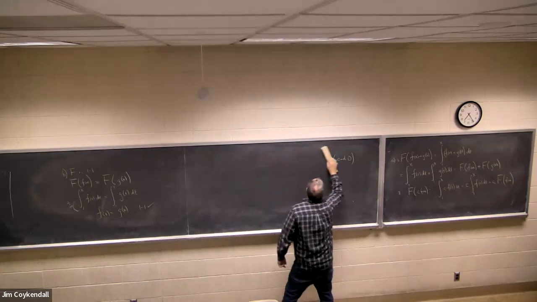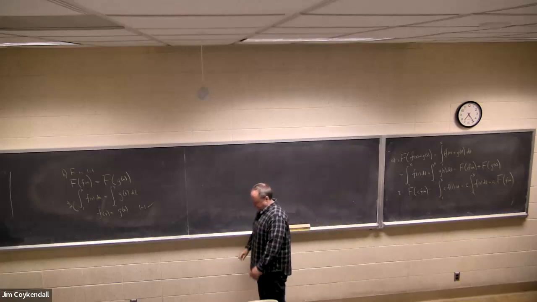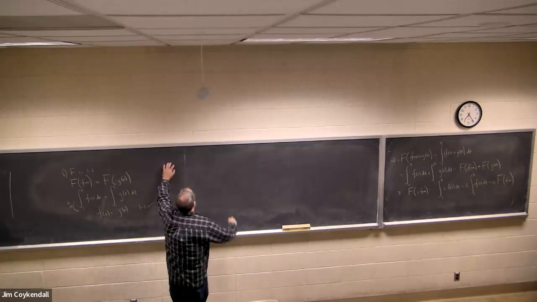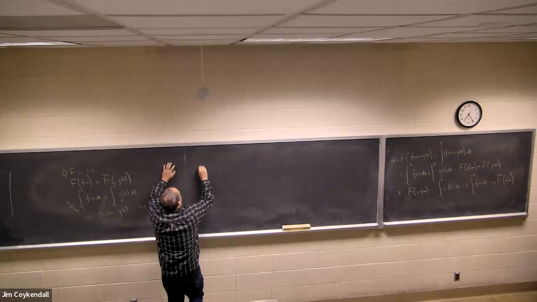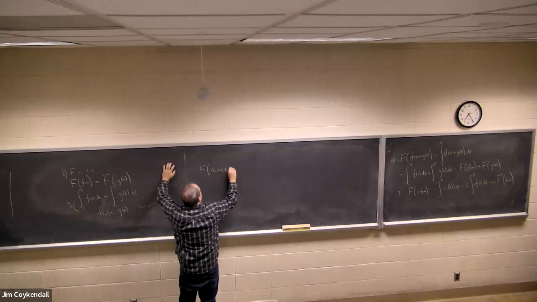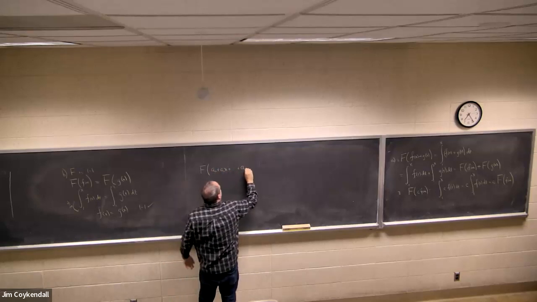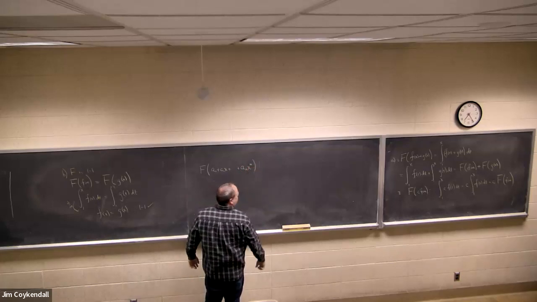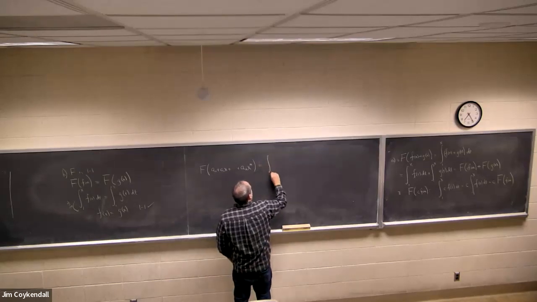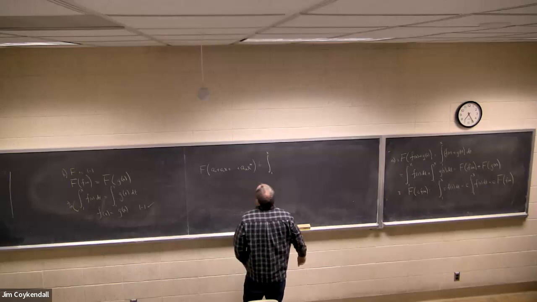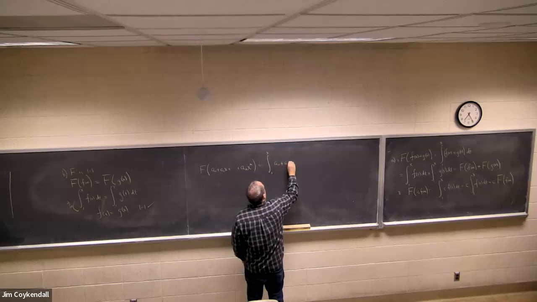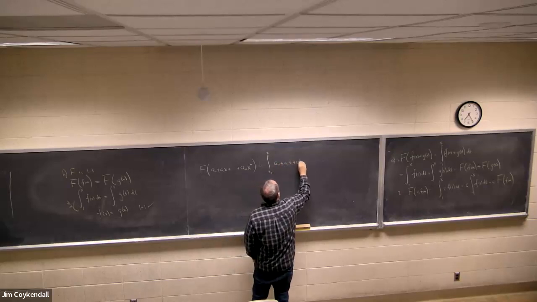And here's why. So F of p is the integral from 1 to x of a0 plus a1 t plus a2 t squared and so on.